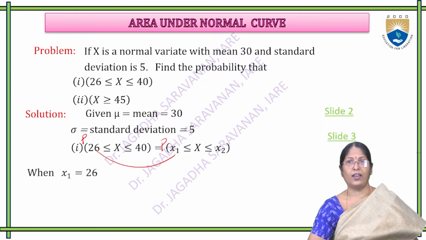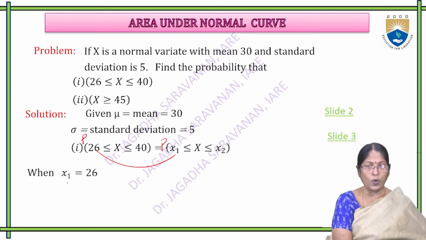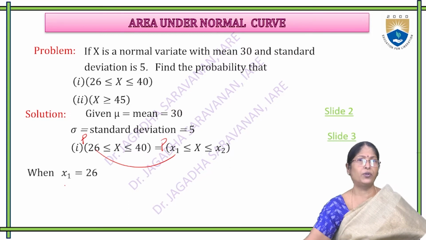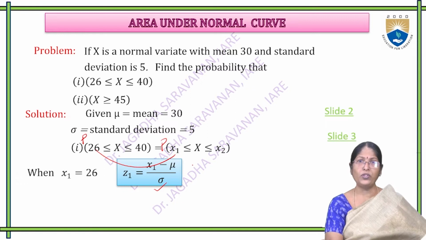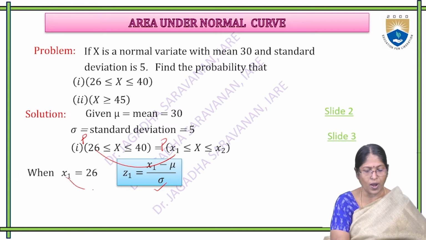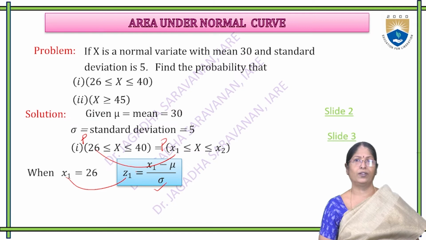With the help of that scale, x1 is converted into z1. This is our scale which converts our x1 into z1. So z1 equal to x1 minus mu by sigma.